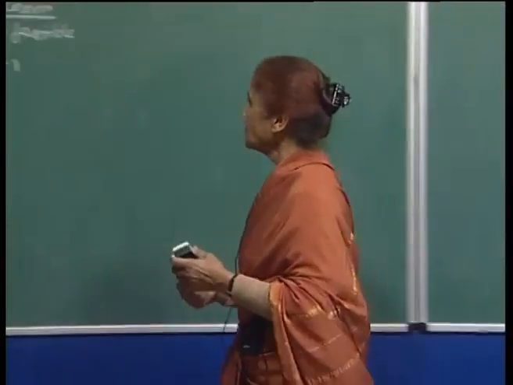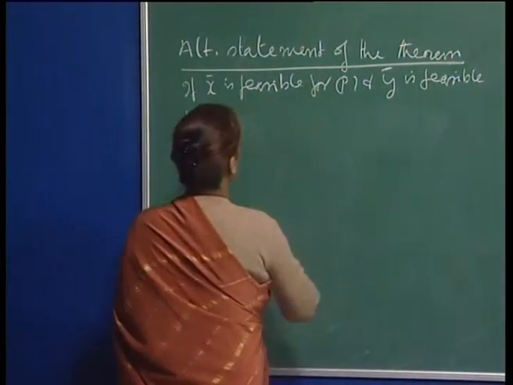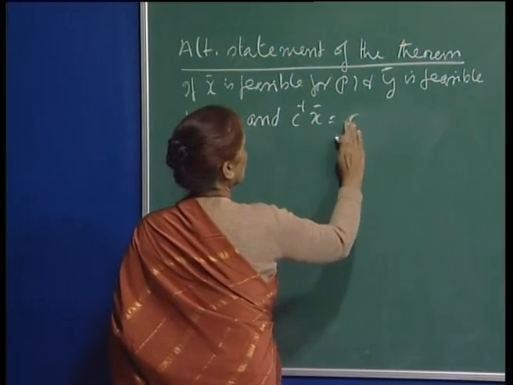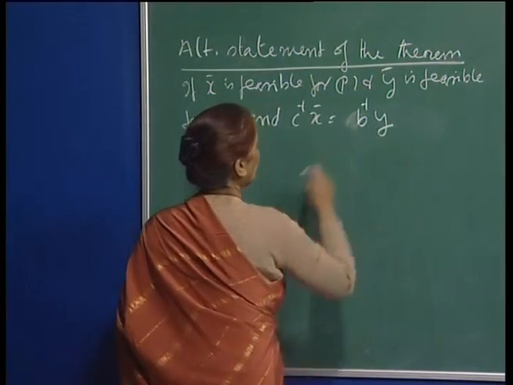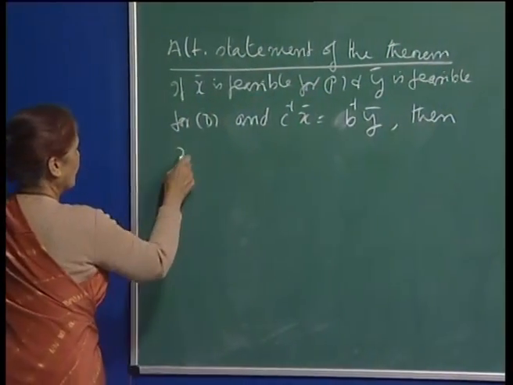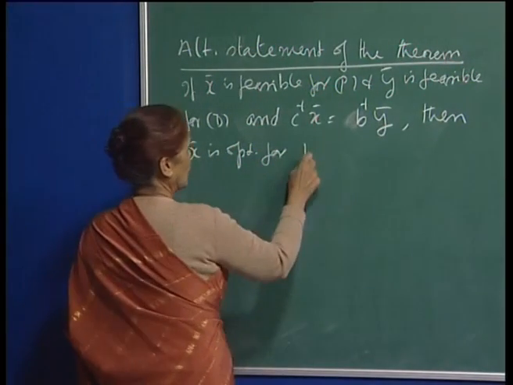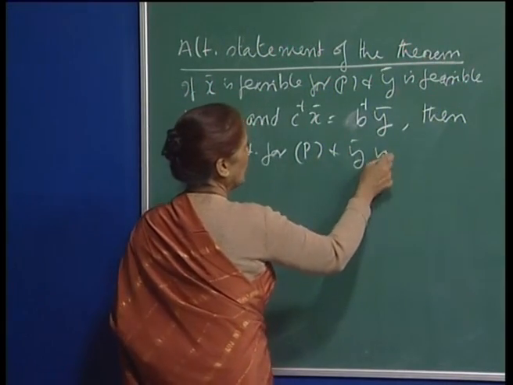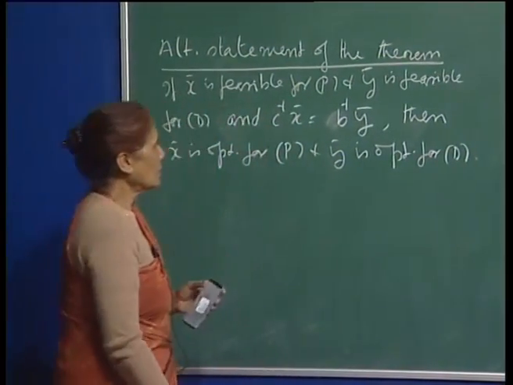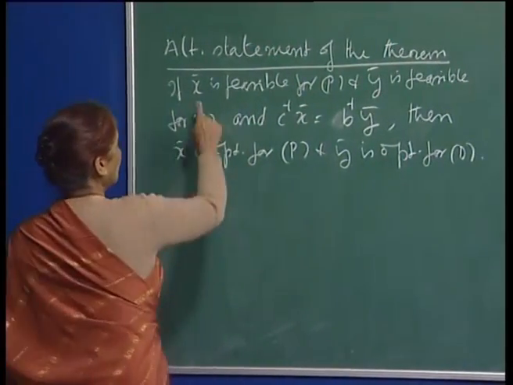So, if x bar is feasible for P and y bar is feasible for D, and C transpose x bar is B transpose y bar, then x bar is optimal for P and y bar is optimal for D.